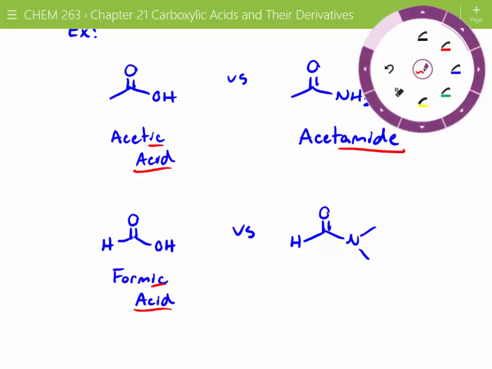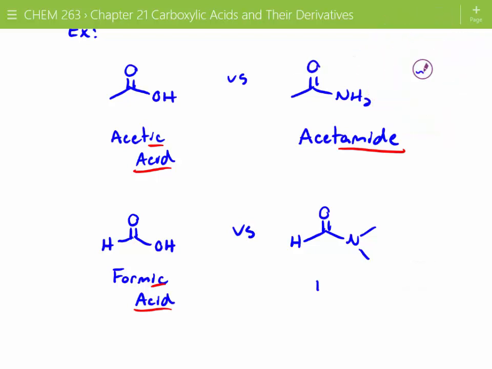All right, so that's the suffix. Is it amide or amide? What are we looking to say? Formamide. Really? All right, but we're missing the beginning.